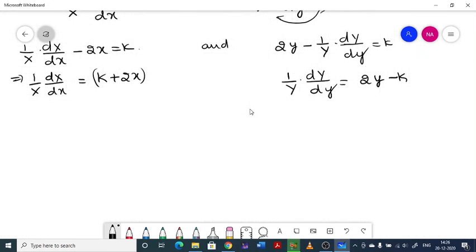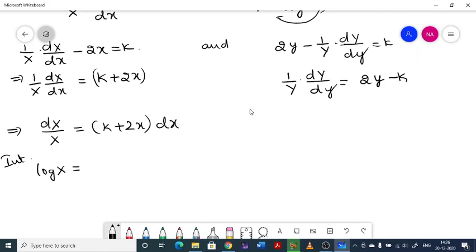Now again this I can write as d capital X by capital X equal to k plus 2x into dx. So integrating this, you'll get log capital X equal to integral, let me write the integral sign.